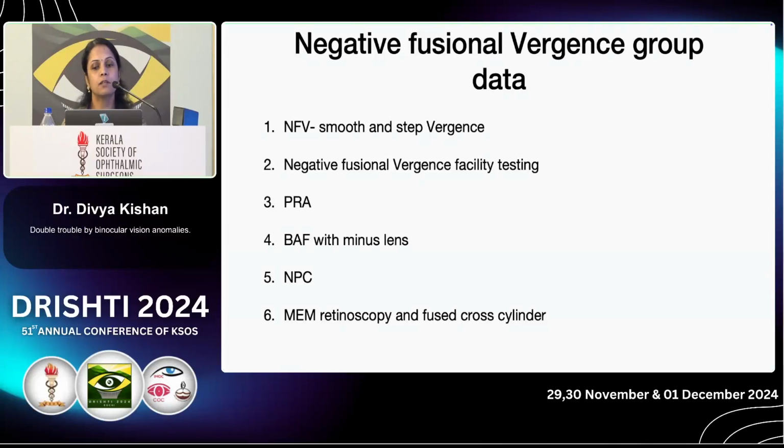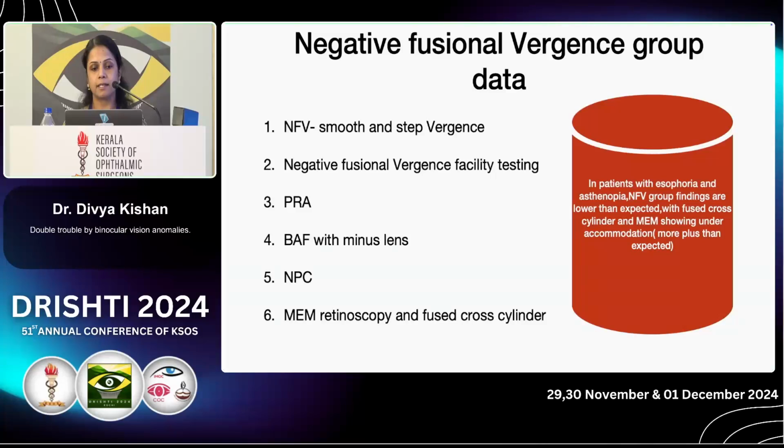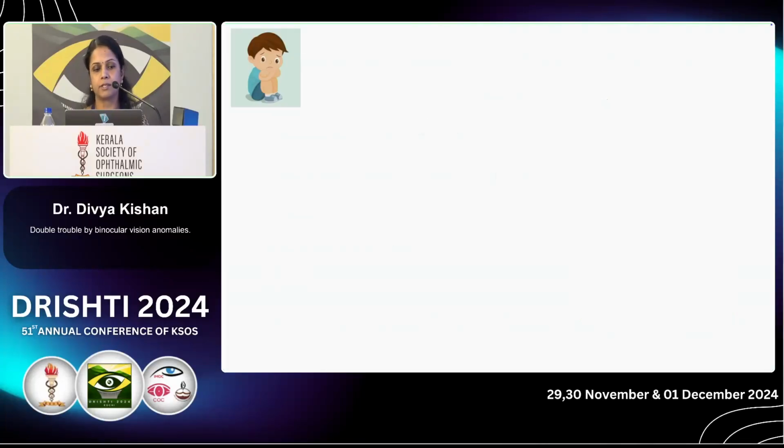The negative fusional vergence group of data, the NFV, the negative fusional vergence facility, the positive relative accommodation, NPC and MEM retinoscopy together form the negative fusional vergence group. In patients with esophoria, the negative fusional vergence group data findings are lower than expected, with fused cross-cylinder and MEM showing under-accommodation.